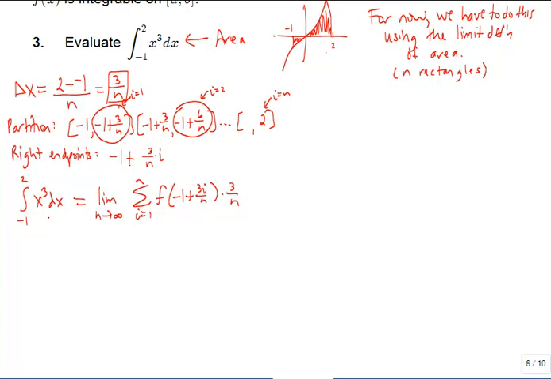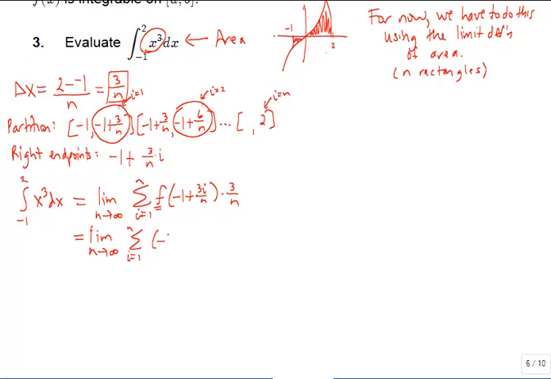Okay? All right, now that we have it set up, we want to use our function. And what's our function? Our function is this function inside of our integral, our x cubed. So I am going to substitute in this right endpoint into the x cubed function.